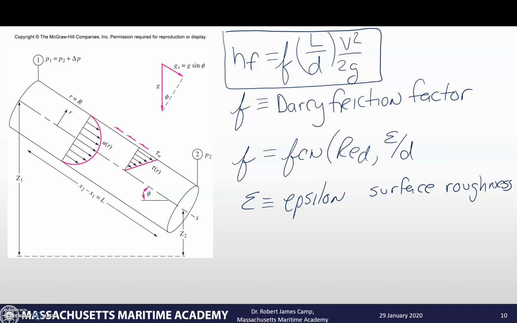But the surface roughness, if I'm looking at the microscopic pipe, and if this dotted line here is the average diameter of the pipe, epsilon is the average deviation from that main pipe.